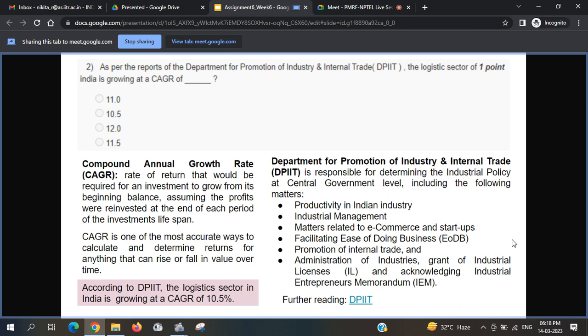So these are all the functions of the DPIIT.